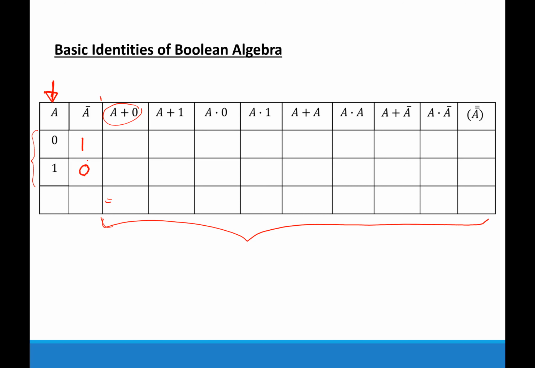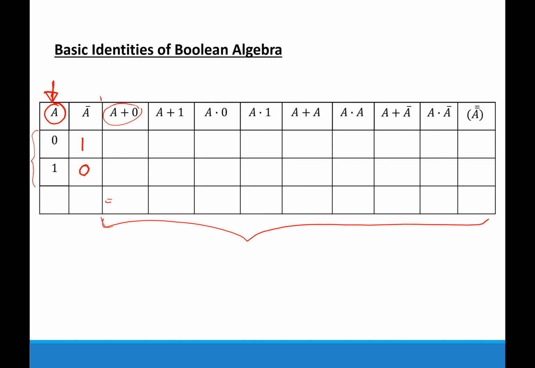Now in the next column, we need to find A plus 0. To get that answer, we can consider the first column A, and we need to add 0 to those two values.